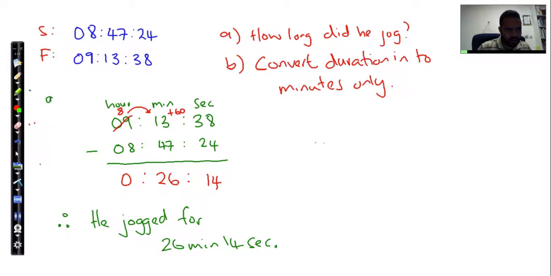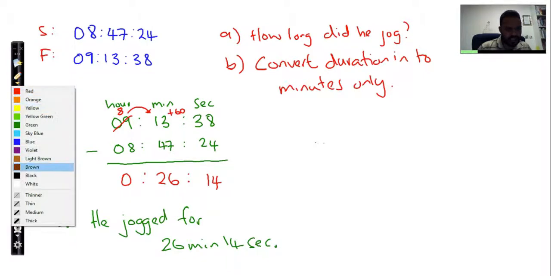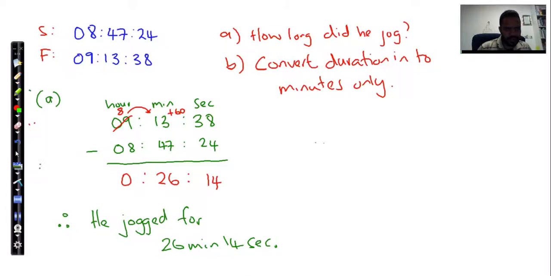Right, this whole situation over here was A. Let's look at solving B, which I'm going to do on this side. Okay, convert the duration into minutes only. Well, you already know we have 26 minutes, right? But now we also have 14 seconds.